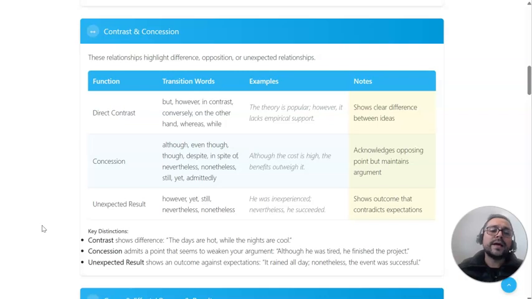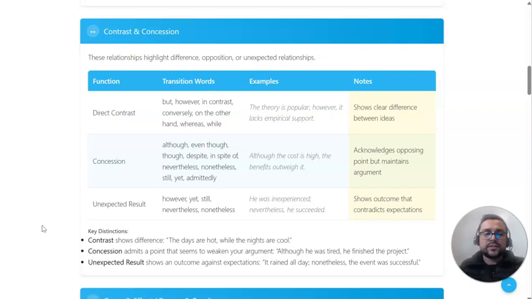And finally, we have unexpected result with transition words like however, yet, still, nevertheless, nonetheless. For instance, he was inexperienced, nevertheless, he succeeded. This shows an outcome that contradicts the expectations.